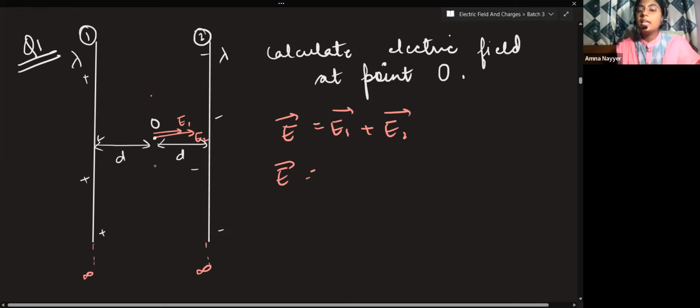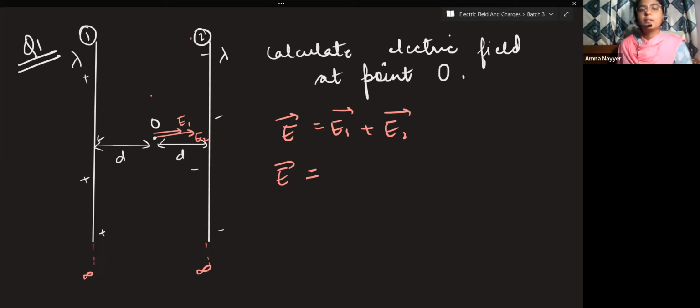So electric field due to infinitely long wire, we have just seen lambda divided by 2 pi epsilon naught r. If this is the point, this is the line, the separation between the point and the line is what? This is the point O, and this is the line where charge is distributed. What is the separation between O and this line?